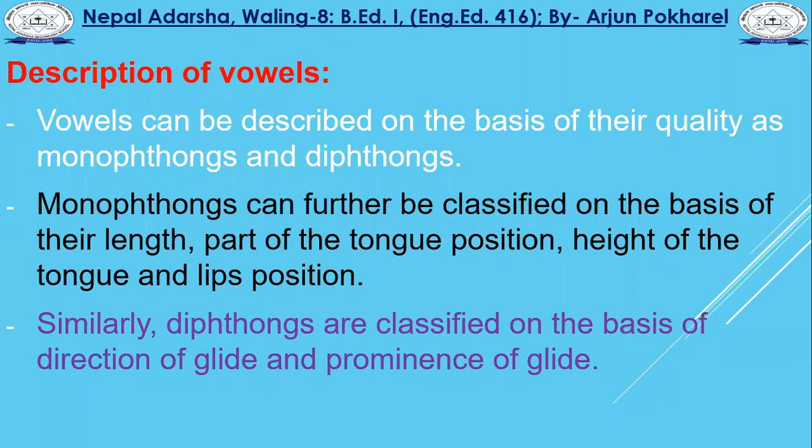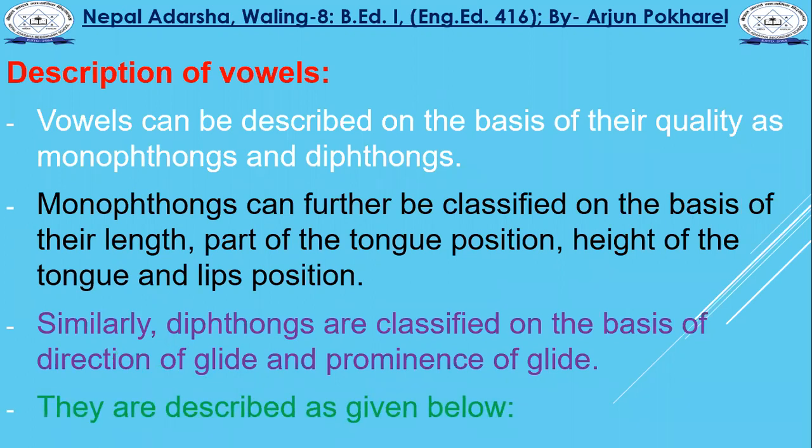That is, how the glide takes place, where the glide goes, and which glide is more prominent than the other. In this way we can describe vowels into two different parts.